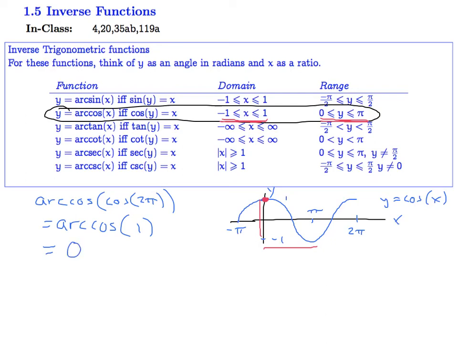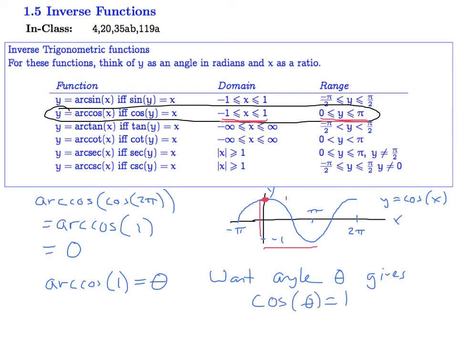Another way to think about this is that arccosine of 1 is really a question asking: what angle theta gives cosine of theta equal to 1, where we need our angle theta to be between 0 and pi?